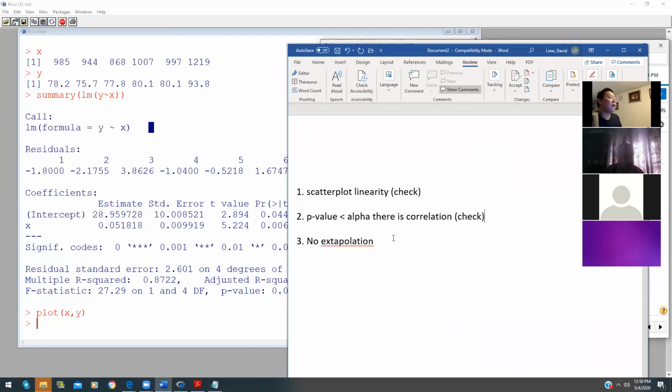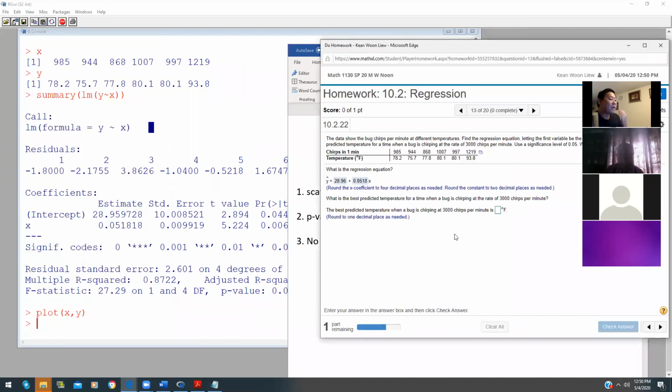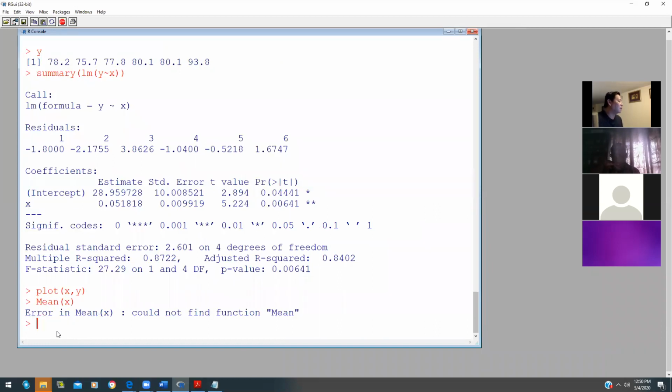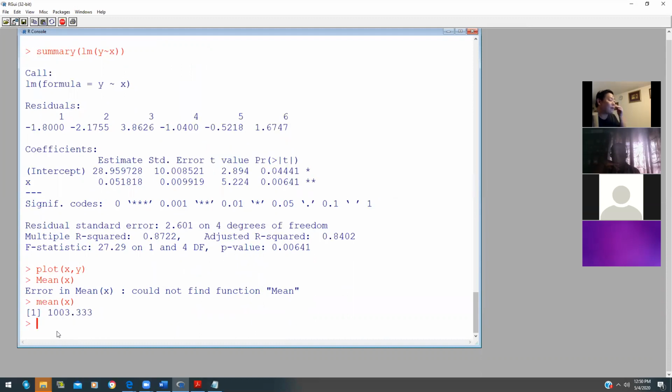Okay, now extrapolation. In order for us to figure out extrapolation, they want us to predict for 3,000 chirps. So let's take a look at mean X. Mean X is 1,003.